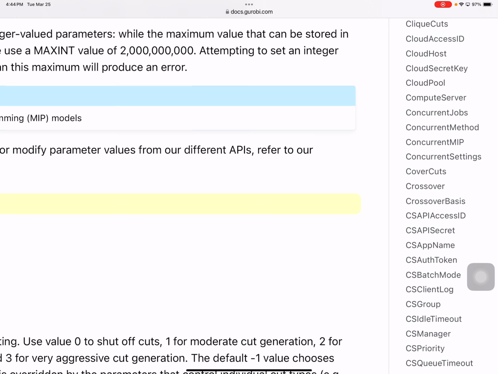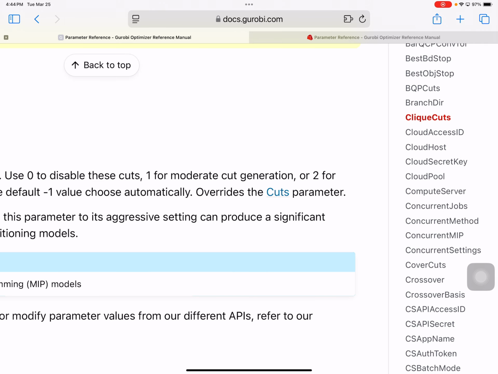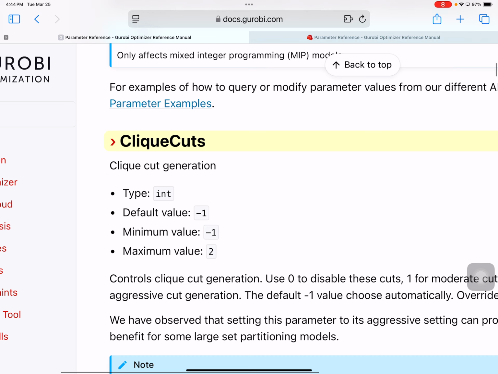For example, if you click on Cuts, instead of a global parameter to control the aggressiveness of adding cutting planes, you can control each type of cutting plane separately. So for some problems, if you know them very well and know that a certain type of cut could be very effective for this particular problem, then you can make this particular cut more aggressive. Yes?